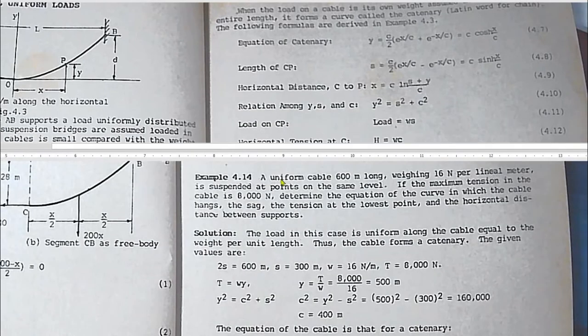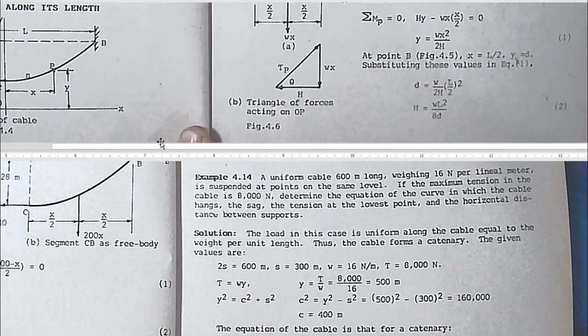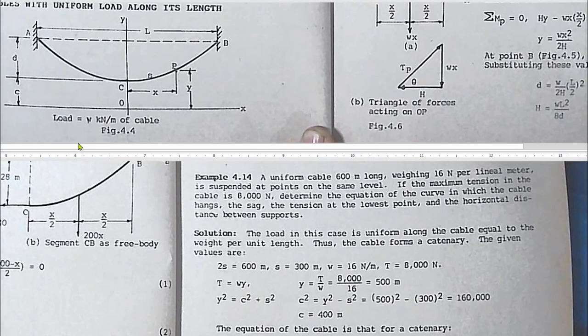Ang uniform cable 600 meters long, this is the arc length, okay, from point A to point C to point B, okay?